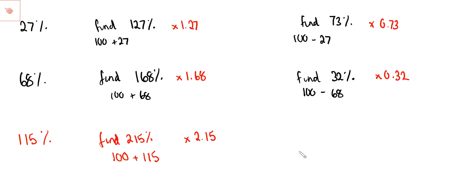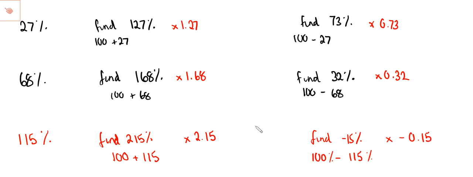What if it decreases by 115%? It's going to be 100 minus 115%, okay? Which is going to be negative 15%, which is going to be multiplied by negative 0 point something, which doesn't really make any sense.